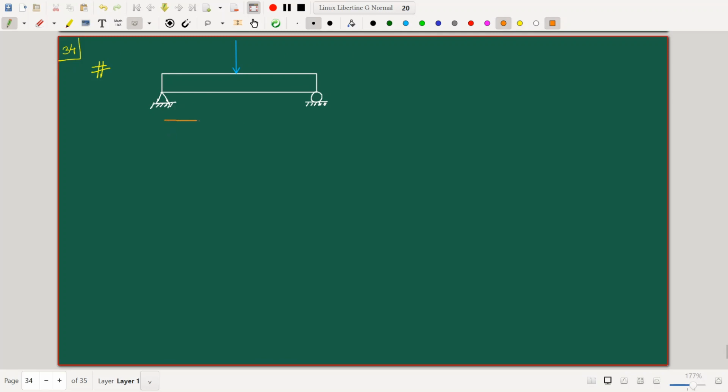From here to here we again have this length L, and of course this one has the magnitude P again.